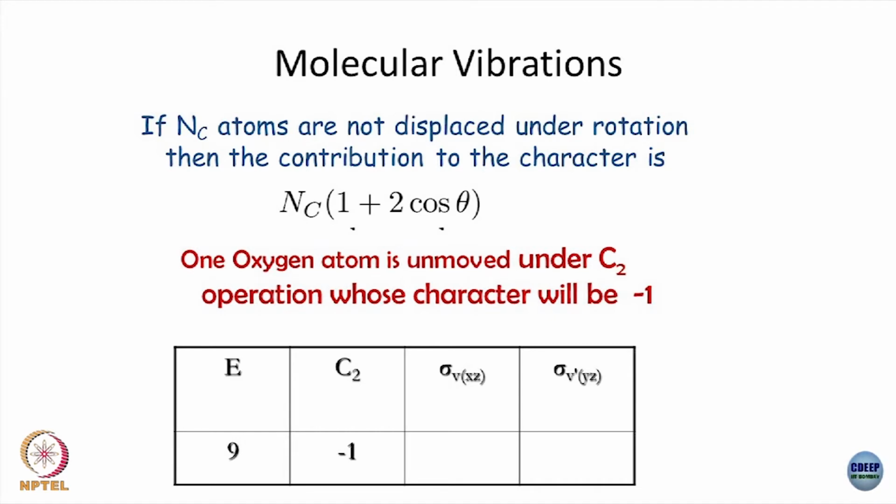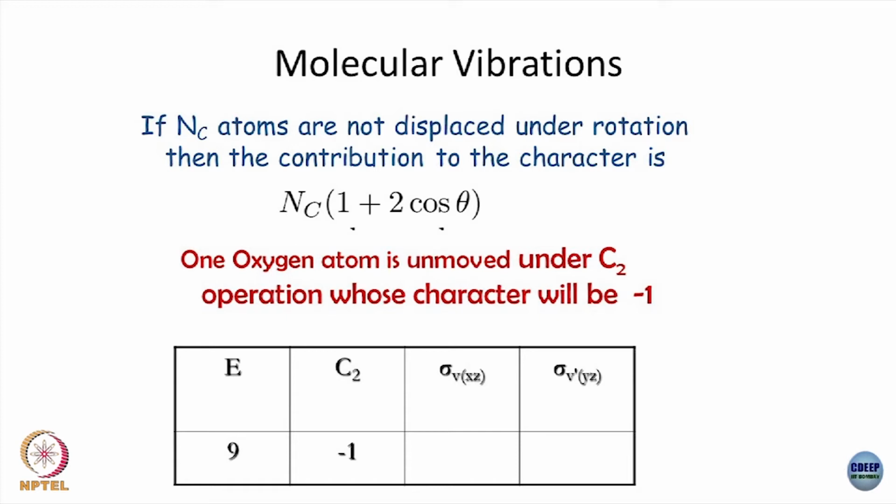For a general rotation operation Cn, where theta is 2 pi by n, this is the formula, where NC is the number of atoms which are not displaced under such an operation. So, using that, because NC is 1 here and C2 is only a 180 degree rotation, we get the character associated with the C2 operation for this nonlinear molecule as -1.